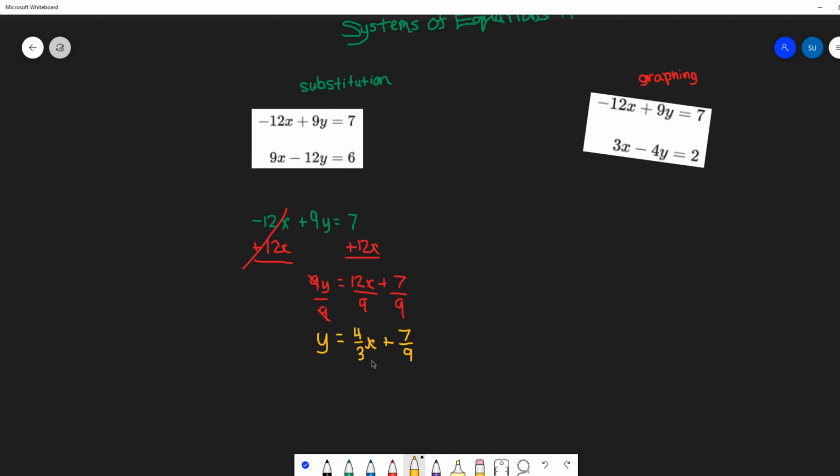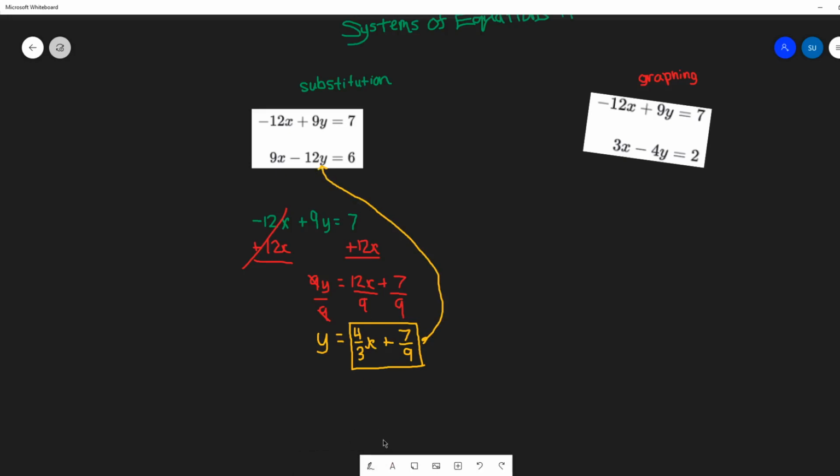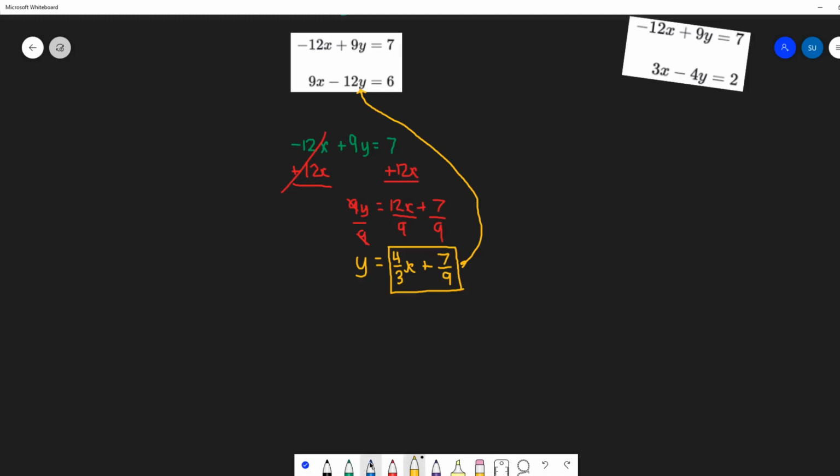And after doing this, we can now substitute this expression that we got for y in for the y in the second equation. So that's what we're actually going to do right now. I'm just going to rewrite the equation first: 9x minus 12y equals 6.